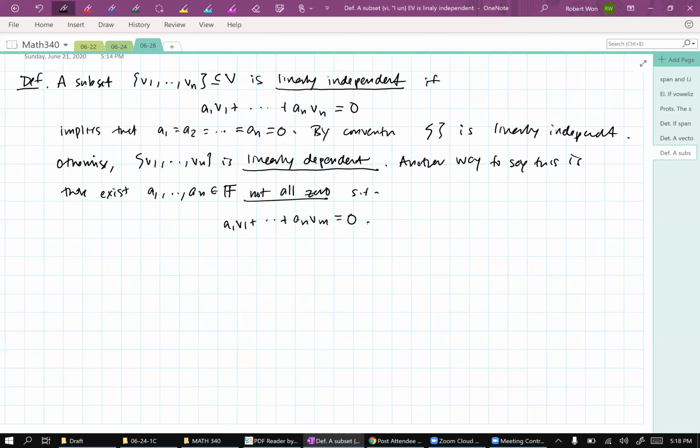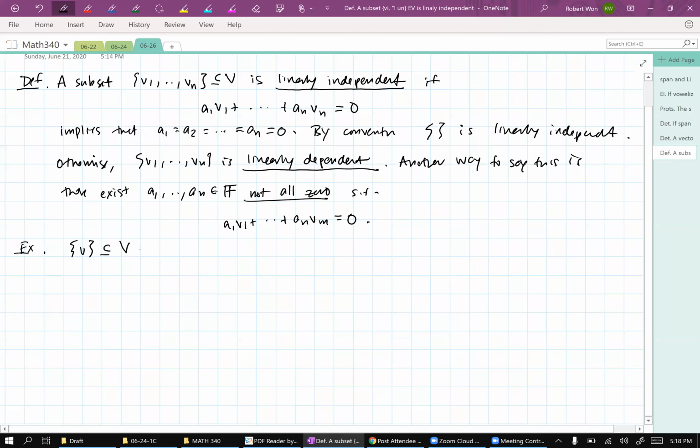Okay, so we will of course prove some results about linear independence, but let me just start with some examples. What if you have a single vector v? Well, to be linearly independent should mean that the only linear combination which equals 0 is the trivial linear combination. When you're taking a single vector, when you take linear combinations, it just means scalar multiples.